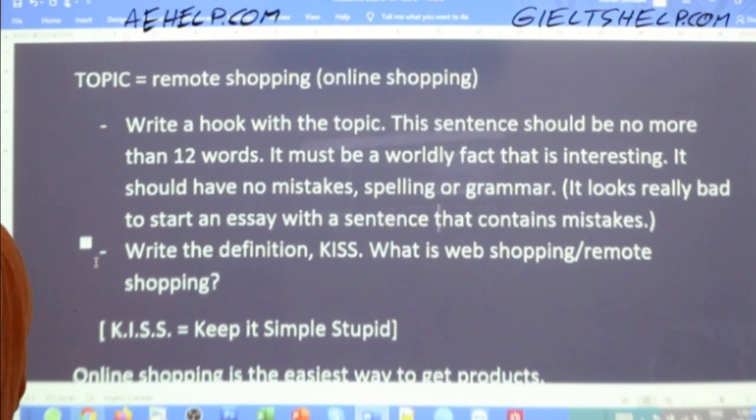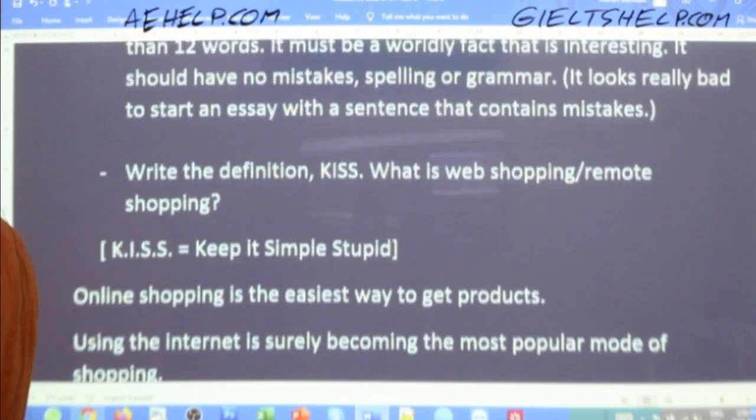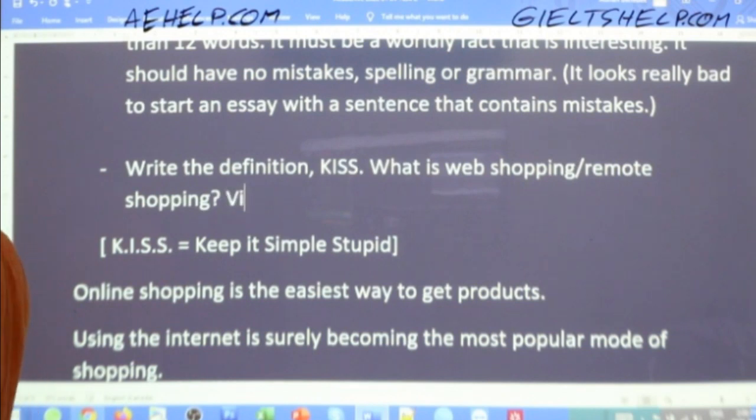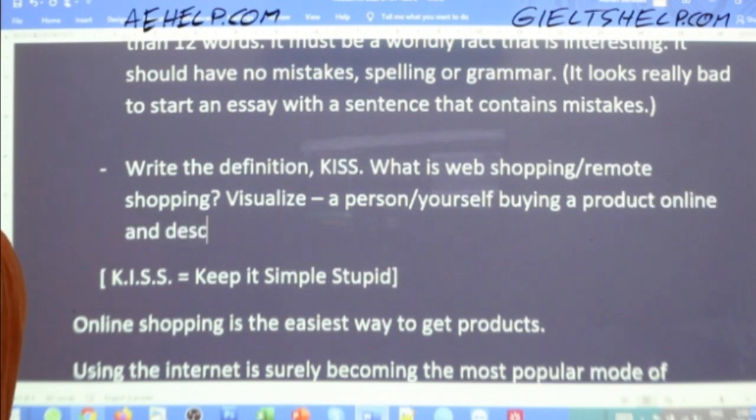And for this, what you want to do is just visualize it. So see yourself or see a person purchasing an item online. What do they actually do? So write this definition for me, okay? So visualize a person, maybe yourself, buying a product online and describe it.